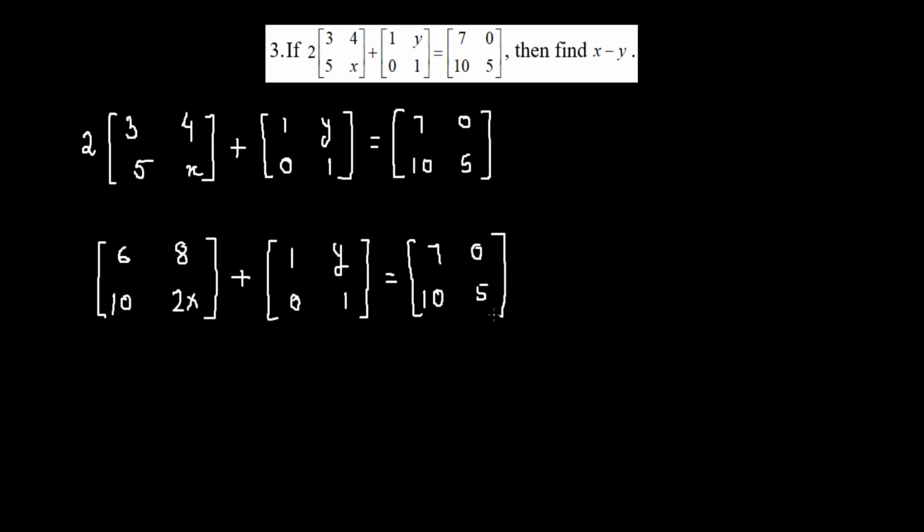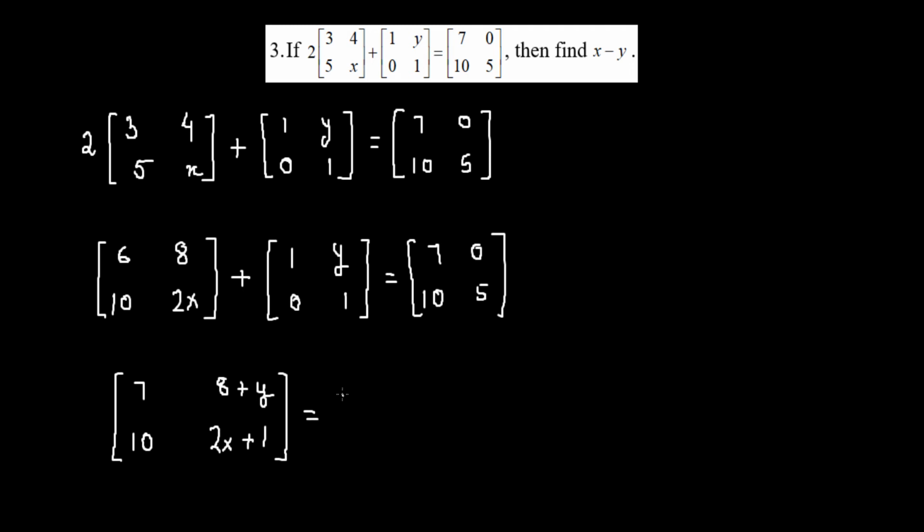Now the first two matrices are of the same order, so we add the corresponding elements. The first element will be 6 plus 1, which gives us 7. Then the second element will be 8 plus y. The third element will be 10 plus 0, which is simply 10. And the fourth element is 2x plus 1.